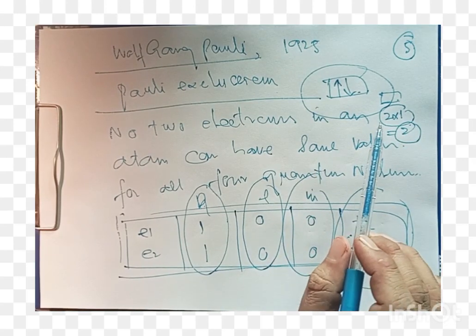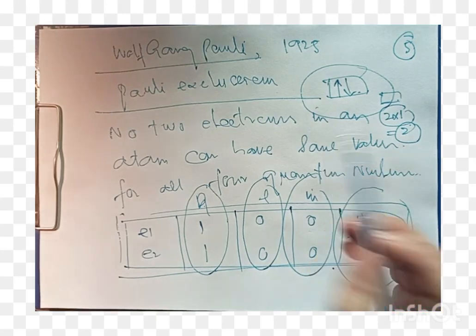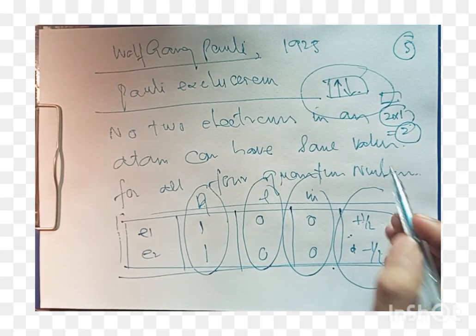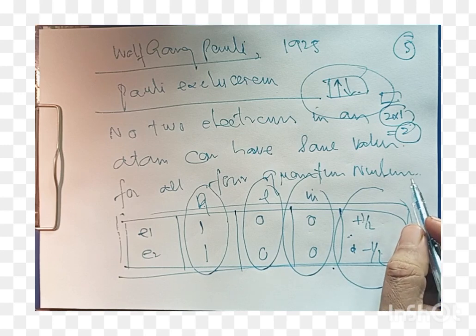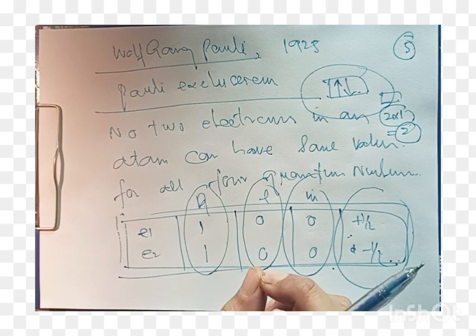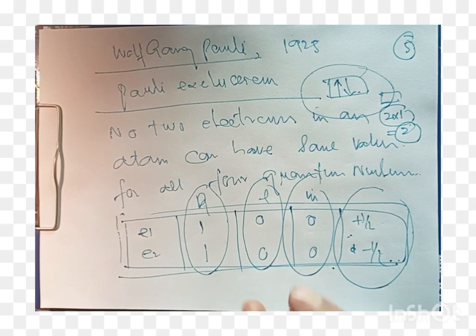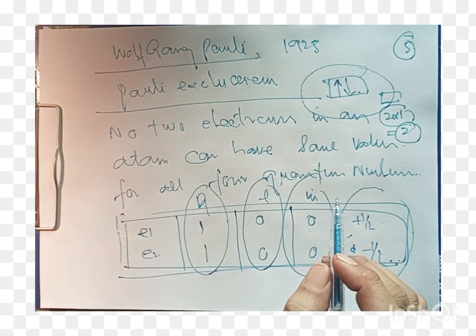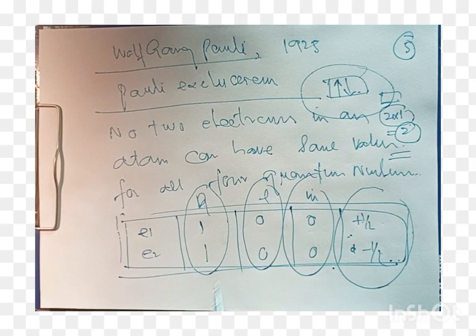In the same way, the p orbital has px, py, and pz, and it can accommodate 2 times 3, that means 6 electrons, with each orbital carrying two electrons. And this is what we get as a general formula, 2n squared, where n refers to the principal quantum number.